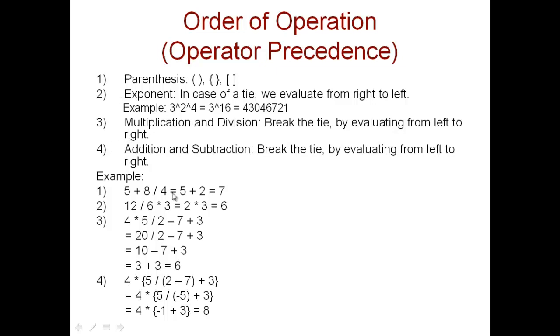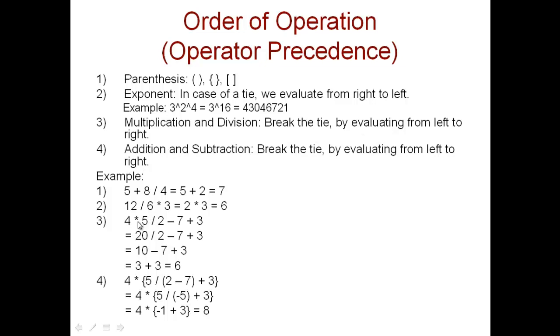Now in the third expression we have only the math symbols. Multiplication and division have more precedence compared to addition and subtraction. We have both multiplication and division, so we break the tie in favor of the operator that comes from the left.